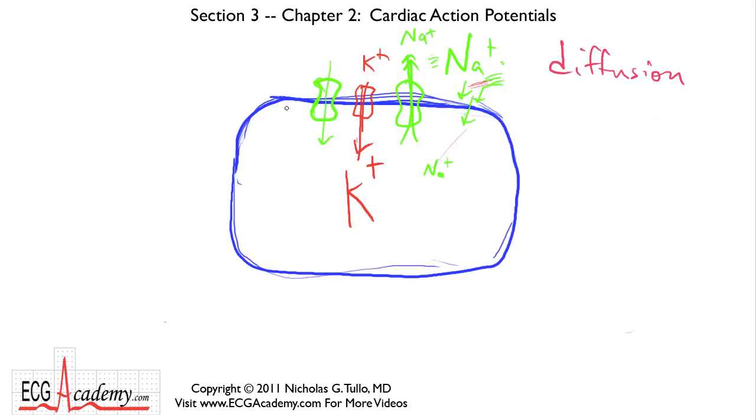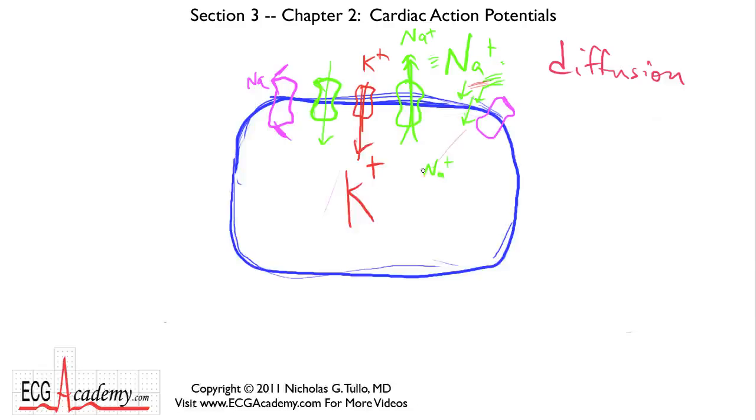Because what happens under the right circumstances is that these gates on the surface, there's a couple of other different kinds. There's what's called a voltage dependent sodium gate that has sort of two doors. And then there are potassium channels that are time dependent and also voltage dependent to some degree.